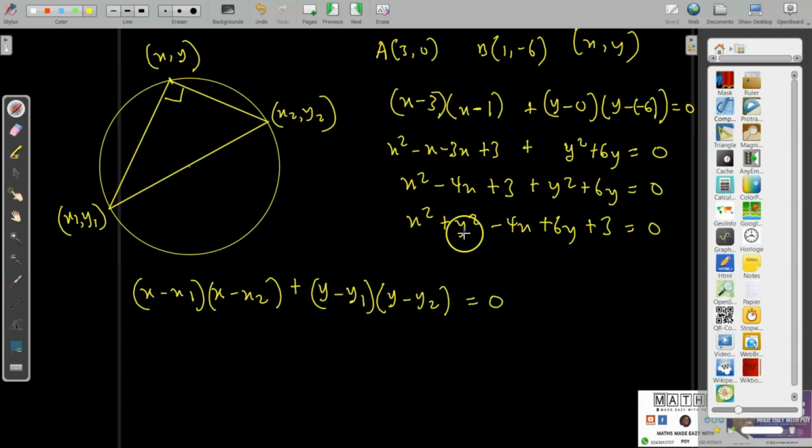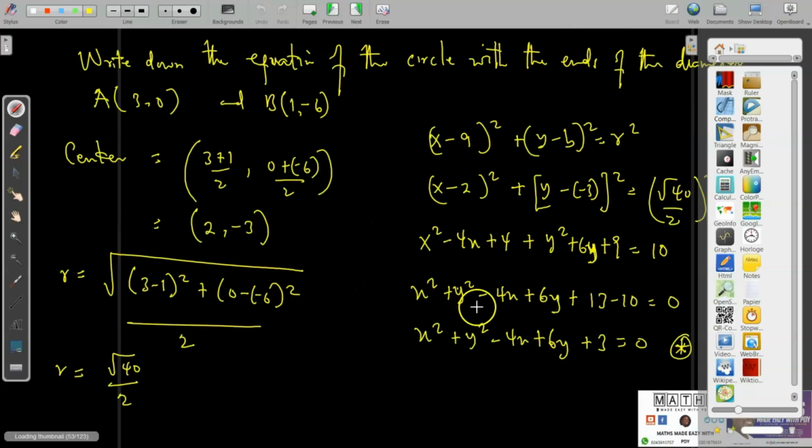Is it the same as what we had early on? Can we check? And that is it. Boom. It's the same. x squared plus y squared minus 4x.